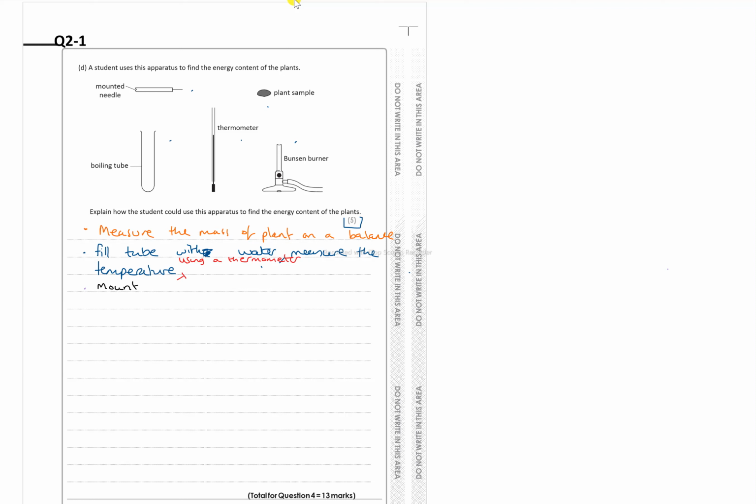Mount the plant sample on the mounted needle and set it alight.